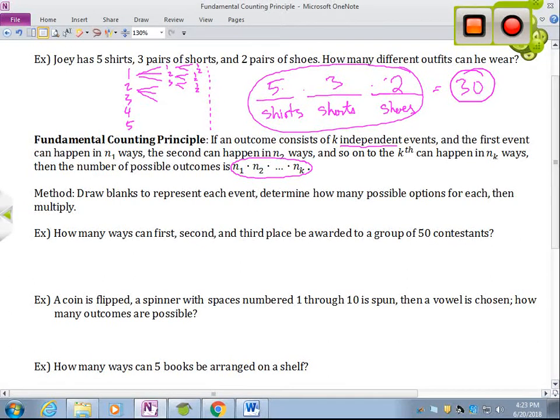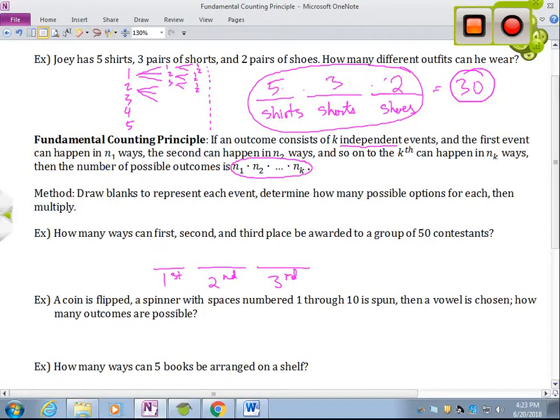So for example, the first question says, how many ways can first place, second place, and third place be awarded to a group of 50 contestants, okay? And so I have 3 different events happening. I've got first place, second place, and third place, okay? And I ask myself, how many options do I have for first place, okay?